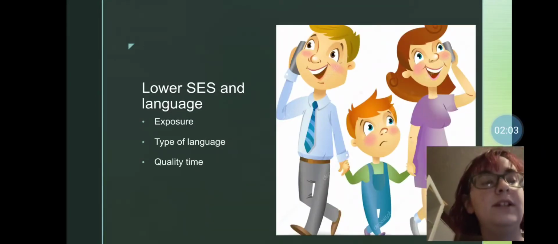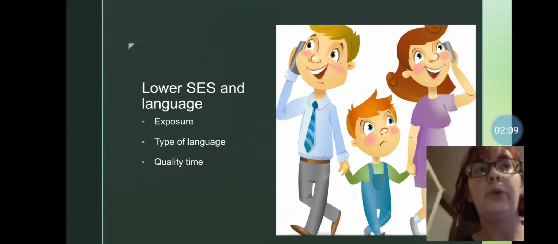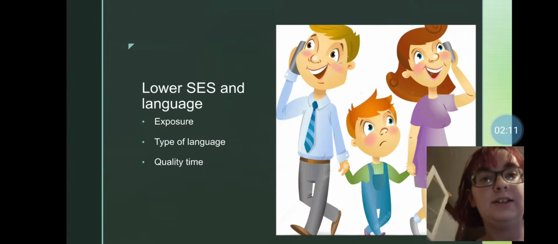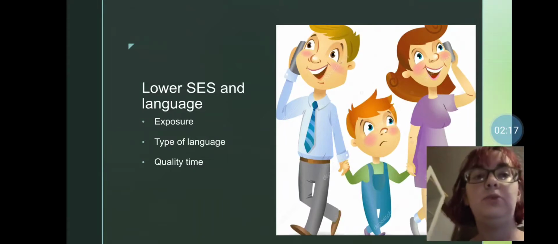So, what does all this mean in terms of lower socioeconomic status and language? In general, people with a lower socioeconomic status expose their children less to different types of language, and they expose them to different language less in general.